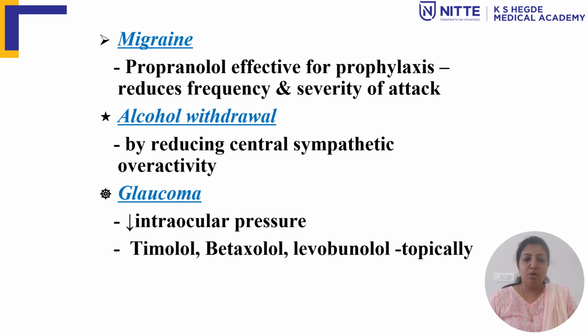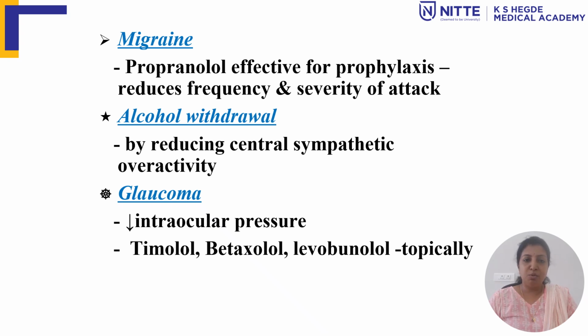Next is alcohol withdrawal. Beta blockers like propranolol can reduce the central sympathetic overactivity and can be beneficial in alcohol withdrawal symptoms. Next is glaucoma, by reducing the aqueous humor. Beta 2 receptors are present in the ciliary epithelium.